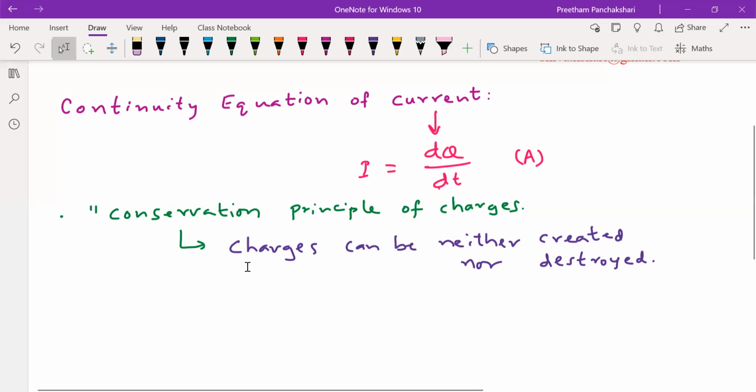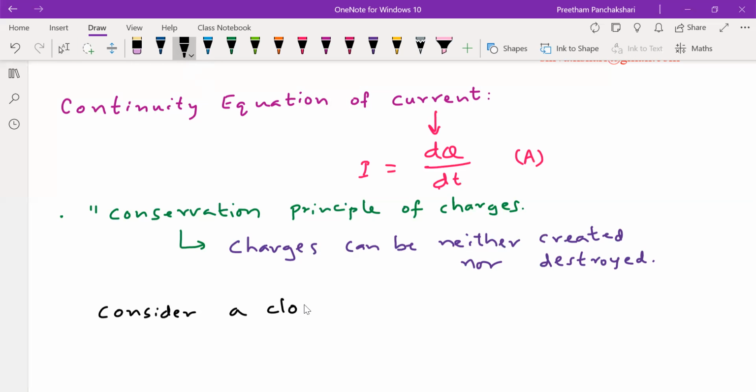So for this, let us consider a closed surface enclosing a charge distribution. Let us start with a closed surface, let's say S, closed surface S, enclosing a charge distribution.